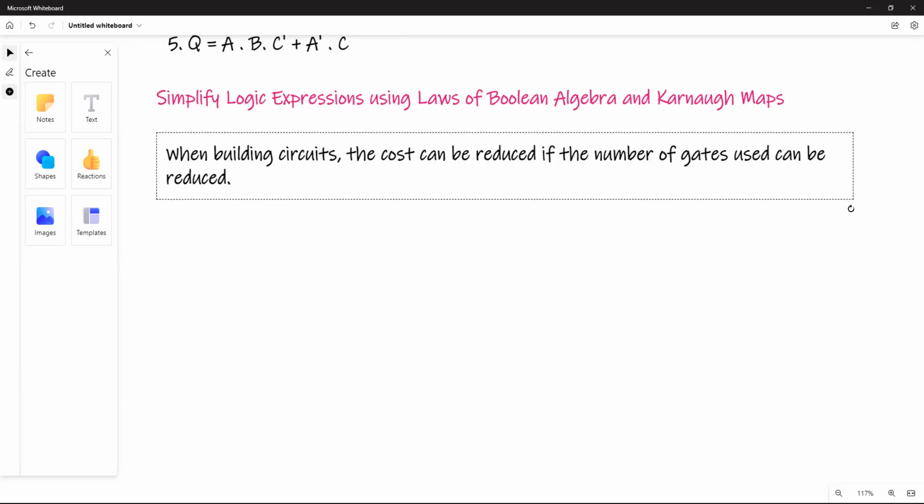So when you're building a circuit, if you can reduce the number of logic gates, then the cost will be reduced.